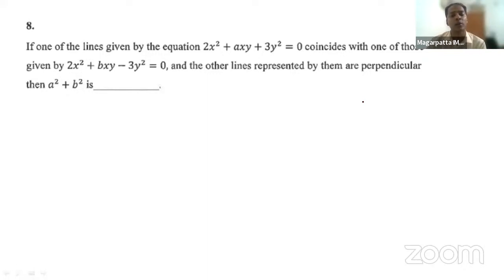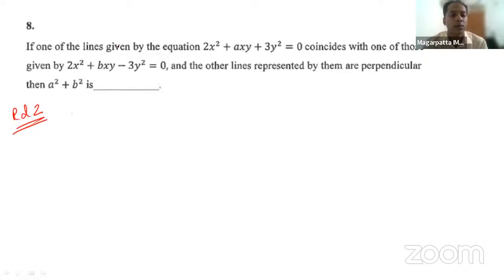Plus here you're not even given the coefficients of a and b. You are given that one pair of line is coinciding, the other line is perpendicular. So in such a case, I'll mark this for round 2 maybe. I am not very keen on trying this question here.